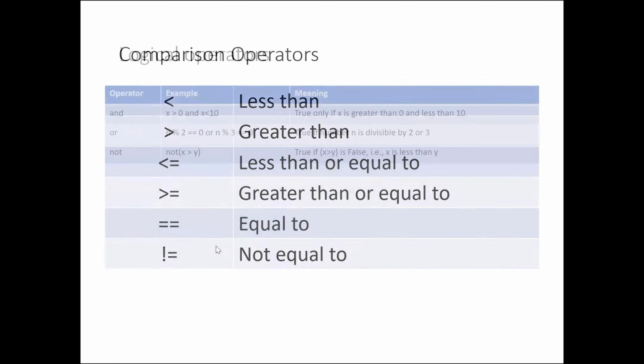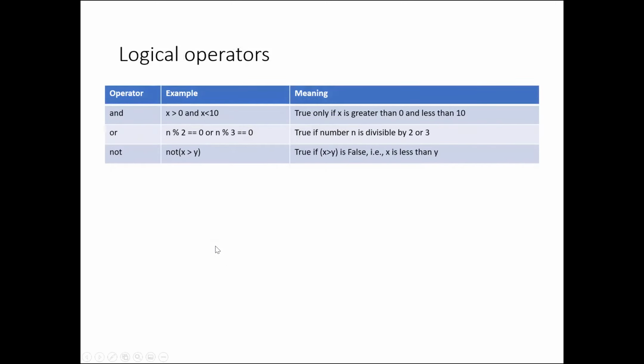And these comparison operators you can combine with logical operators. You know about the AND operator, where you expect both statements to be true for the whole expression to be evaluated as true.